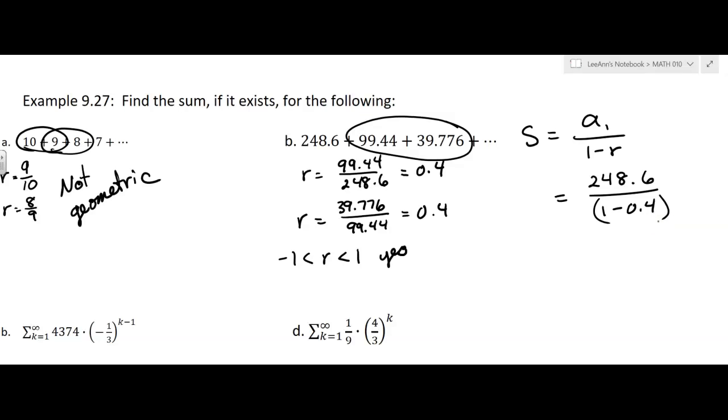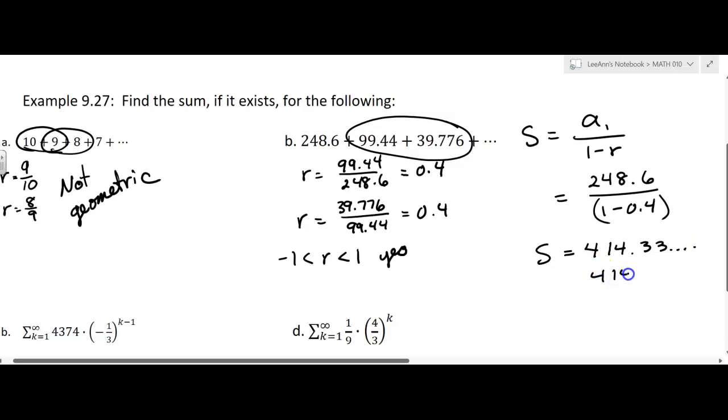So 248.6 divided by parenthesis 1 minus 0.4, which I know you could do the 1 minus 0.4, but just on the calculator. So the sum is equal to, now we're not going to round off, 414.33. And you could show the repeating that way, or you could write it with a little bar over it to say the 3 repeats.